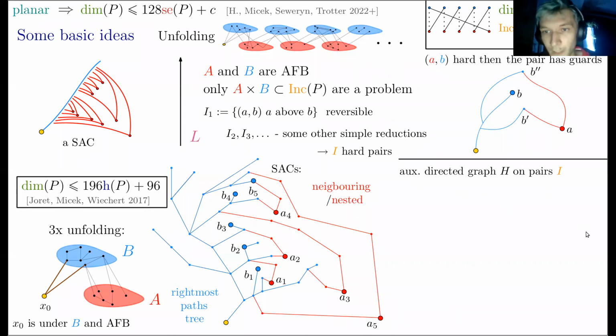Yes, and so we again construct an auxiliary directed graph on these hard pairs, and now we have an edge if, and here is a picture of some structure. So if this is the case, and by this I mean that first of all, B prime is left of B. So we have this as in the picture. A prime is less than B. Yes, we know that A prime is incomparable with B prime.